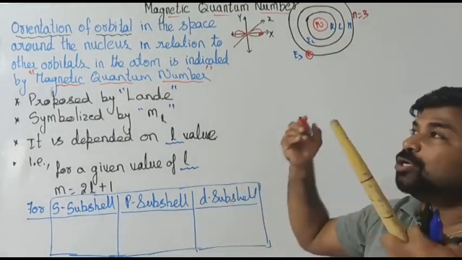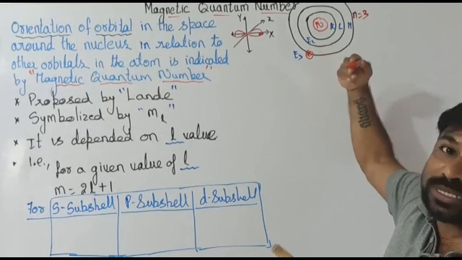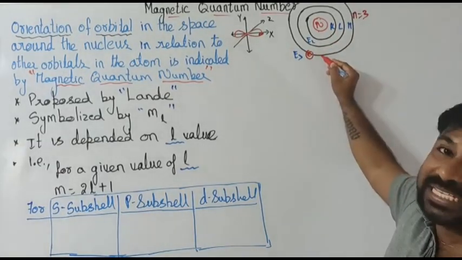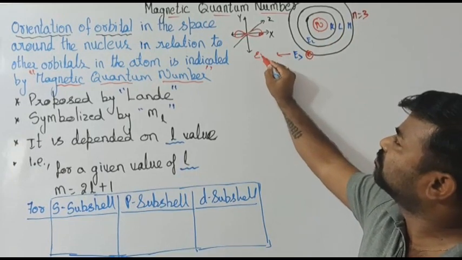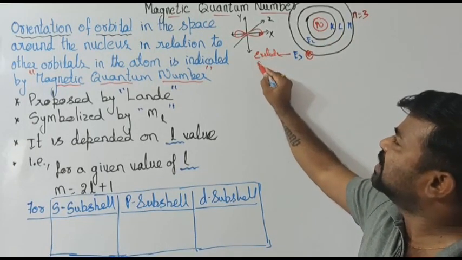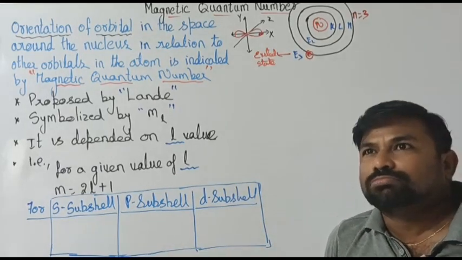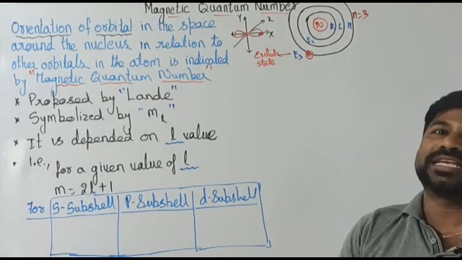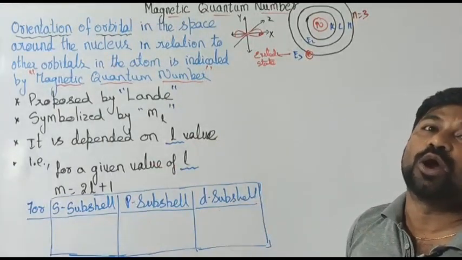Suppose an electron in the third orbit is in the excited state. An electron may not stay in an excited state for a long period, so it goes back to its ground state.